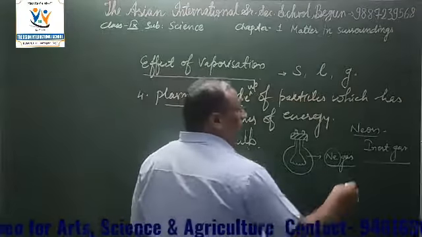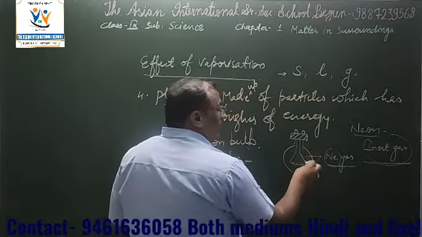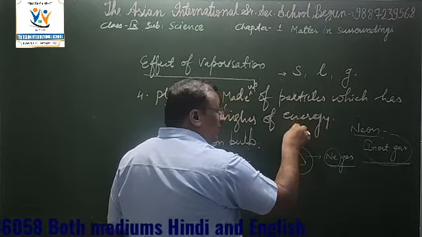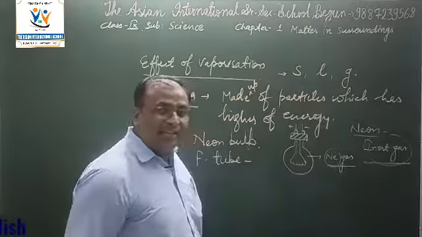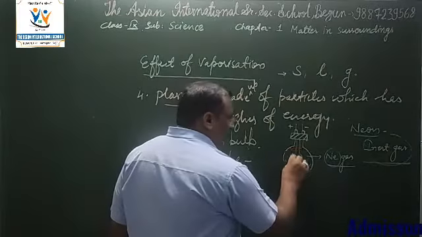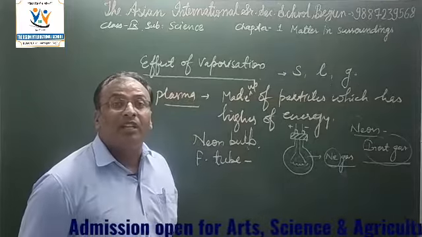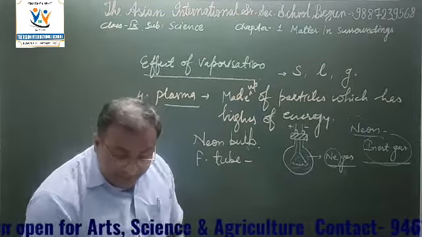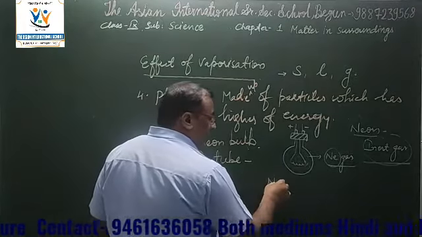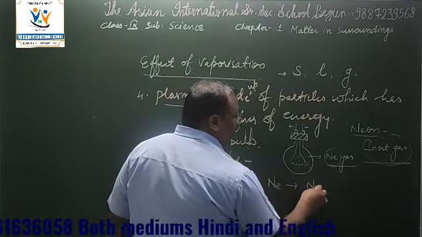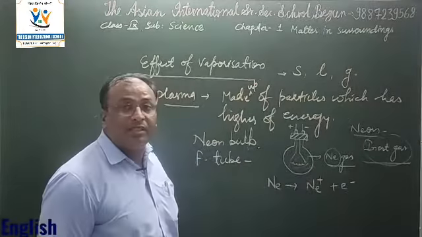Now see, this is neon gas, and neon gas is filled into the bulb. When we connect these portions with the electricity supply, we observe that the neon gas present inside becomes ionized. Means these neon atoms, Ne, change into Ne plus and release some electrons.